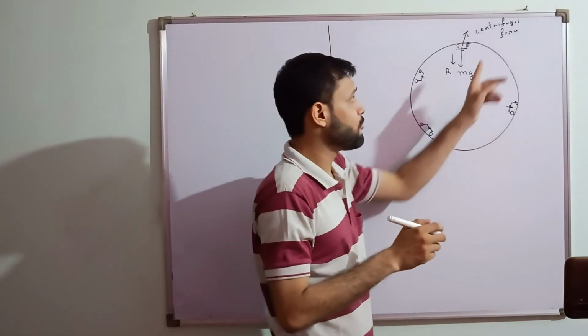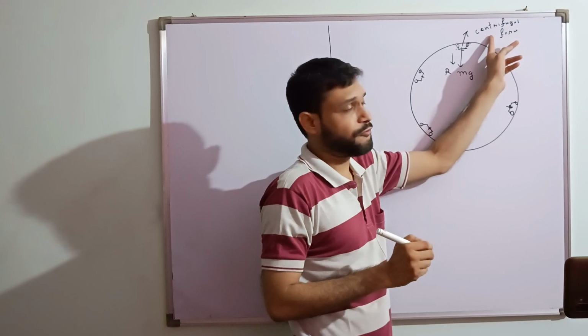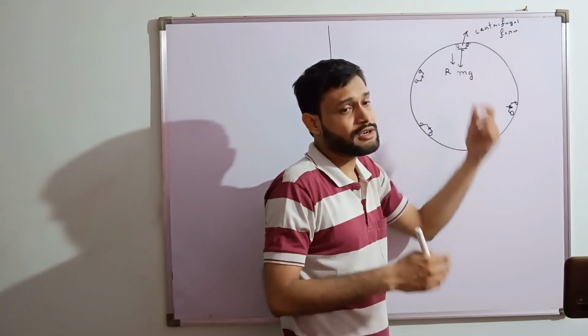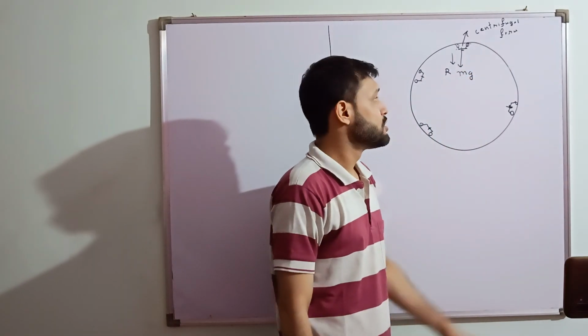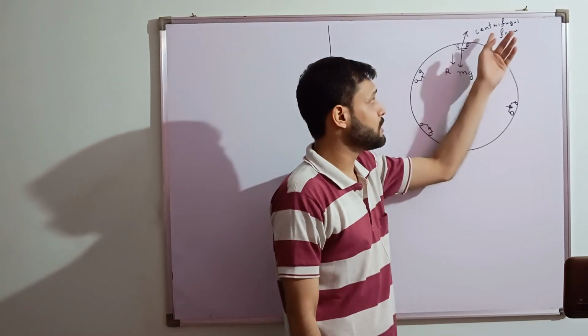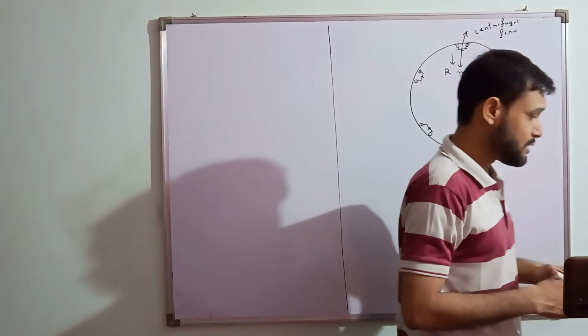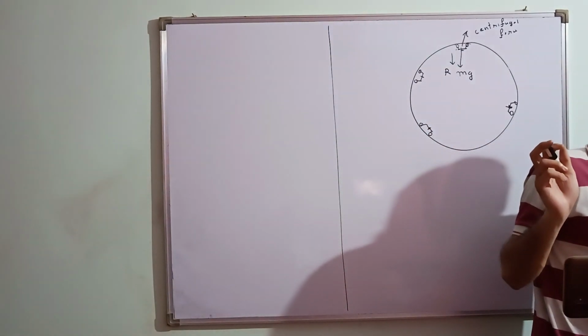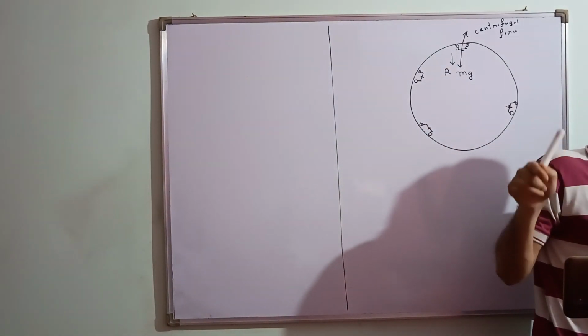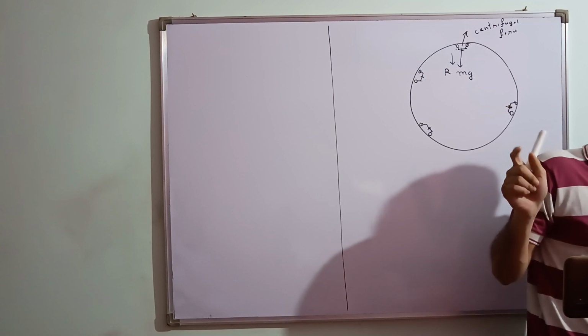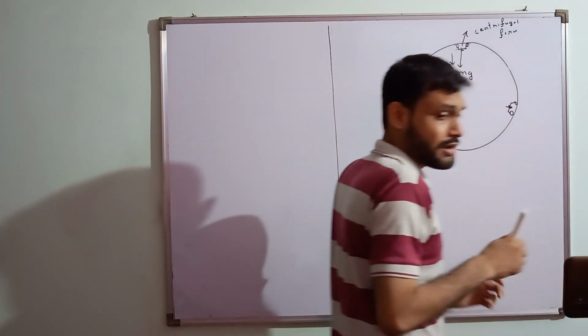And the magnitude of the centrifugal force must be equal to the magnitude of the centripetal force. So if I write the centripetal force, that is equal to the centrifugal force. So what will be the value of centrifugal? At the highest point you see, the normal reaction acts downward, and the centripetal force is provided by the weight and the normal reaction.